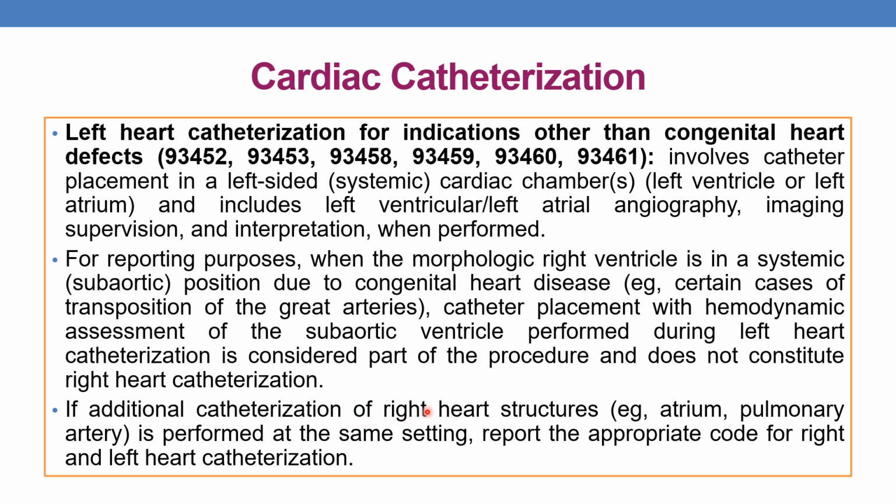In addition, if catheterization of the right heart structures, for example atrium or pulmonary artery, is performed at the same setting, report the appropriate code for right and left heart catheterization.